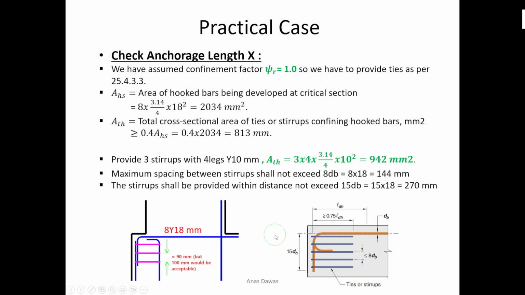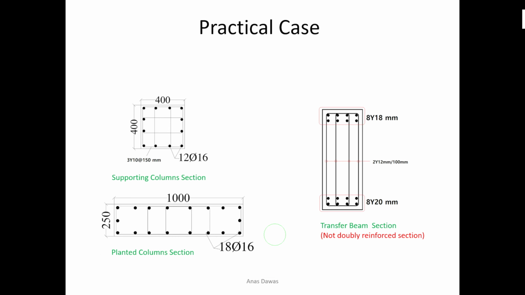If we go back to the reinforcement of the column, as we can see, in each direction we have 1, 2, 3, 4 legs, or 3 legs, ties 10 millimeter diameter at 15 centimeters. Most of the contractors provide the same ties at the same distance through the column beam joints.